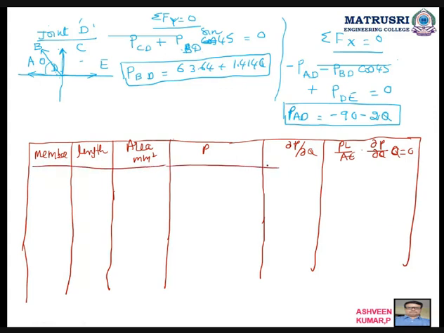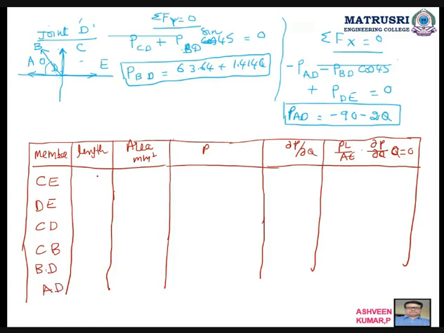So all the members I am taking: CE, DE, CD, CB, BD, then AD. I have written all the boxes.